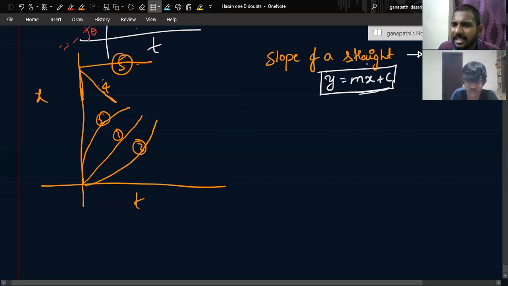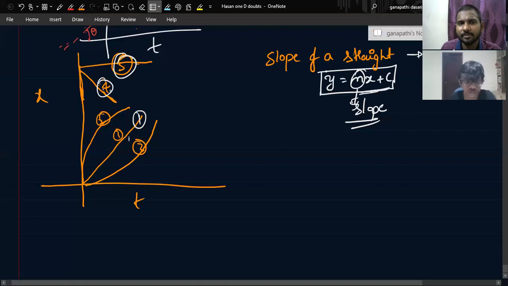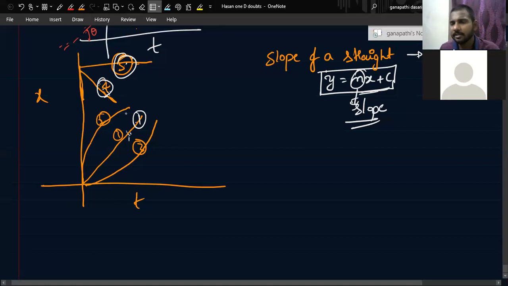Here m is the slope. The slope of a straight line is constant. So now here you see there are 3 straight lines: this line, this line, this line. Here the slopes are constants.